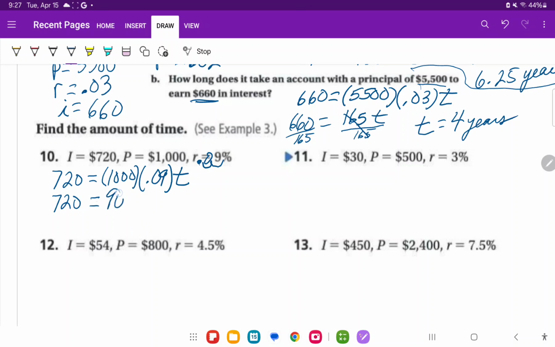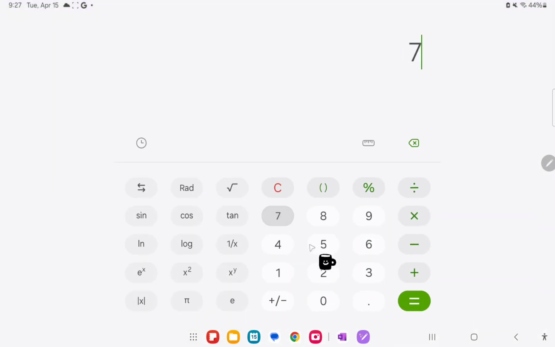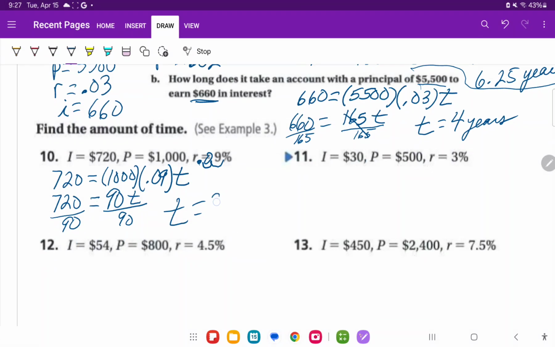And then don't forget your t, 90t. Then to get t all alone, we have to divide by 90. So 720 divided by 90 equals 8 years.